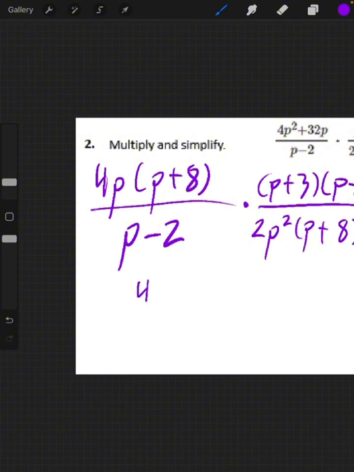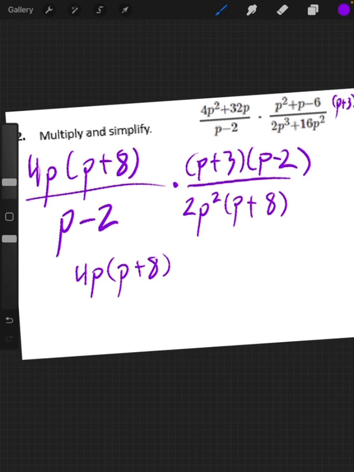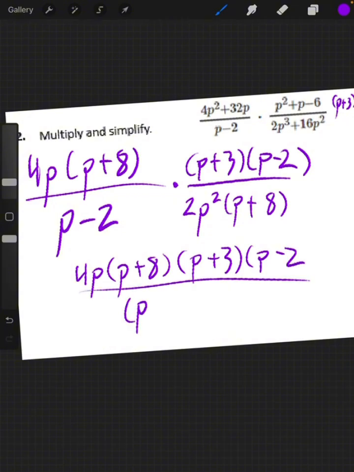So p plus 8 times p plus 3 times p minus 2 over p minus 2 times 2p to the power of 2 times p plus 8.